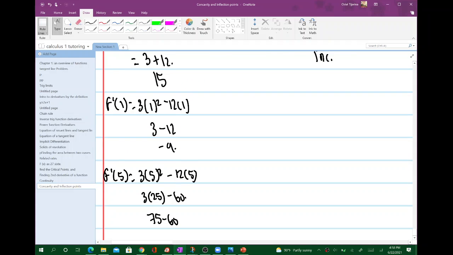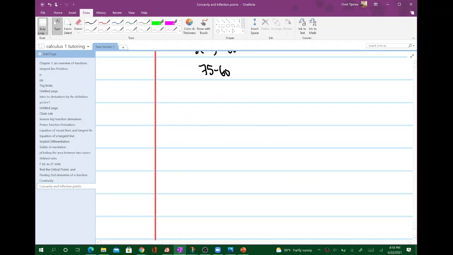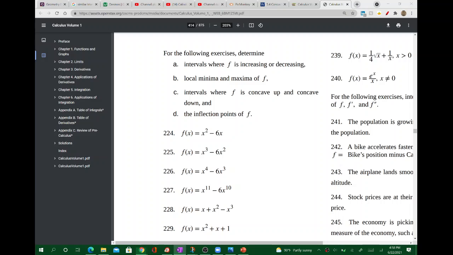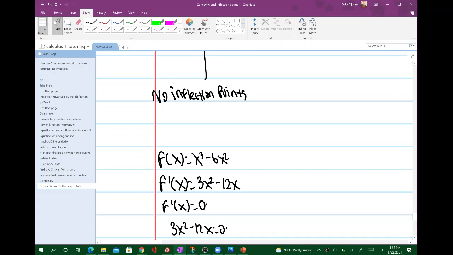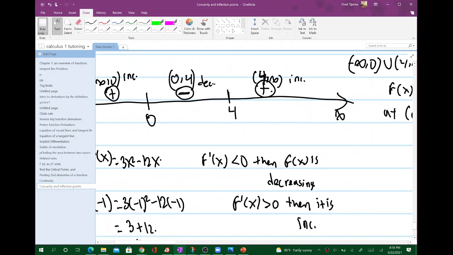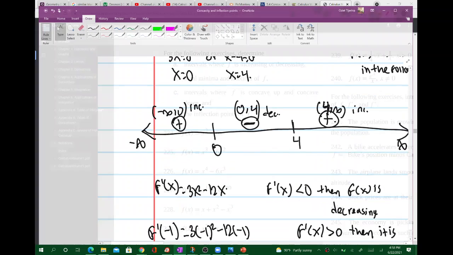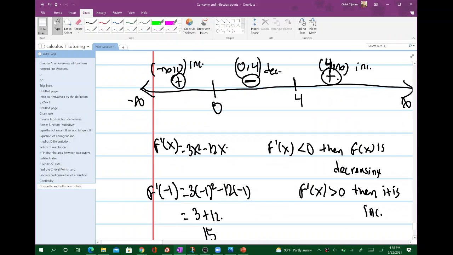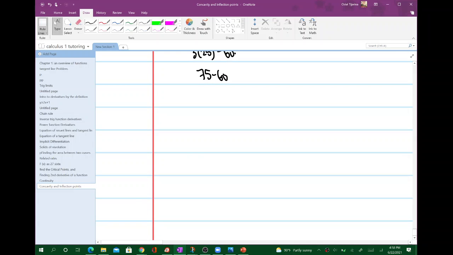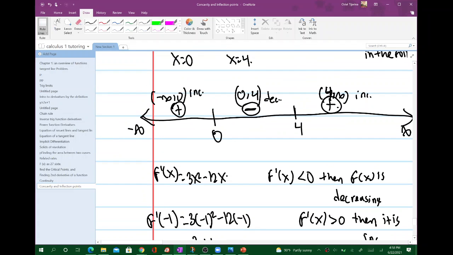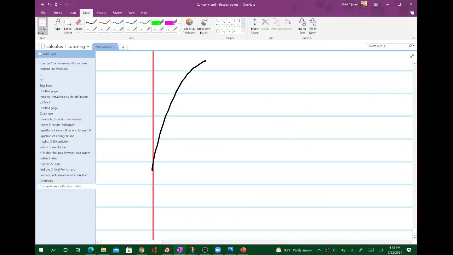Now we want to know the local maxima and minima of f. Like I said, we know the increasing and decreasing intervals. It's increasing from negative infinity to 0.